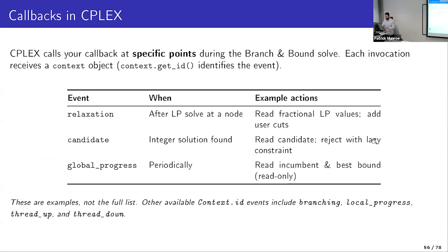So this is what a lazy constraint is. A lazy constraint rejects some integer solutions that are valid with respect to your initial model, but it's because probably your model is incomplete. But a user cut is just to improve the relaxation.